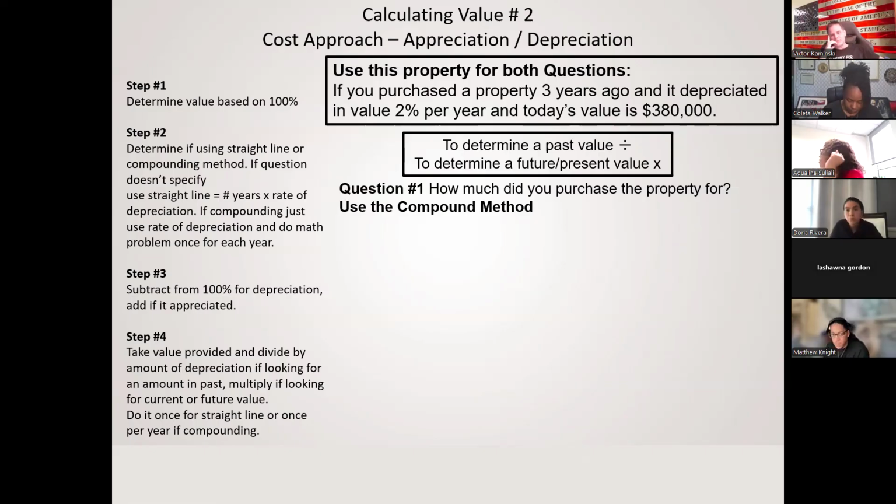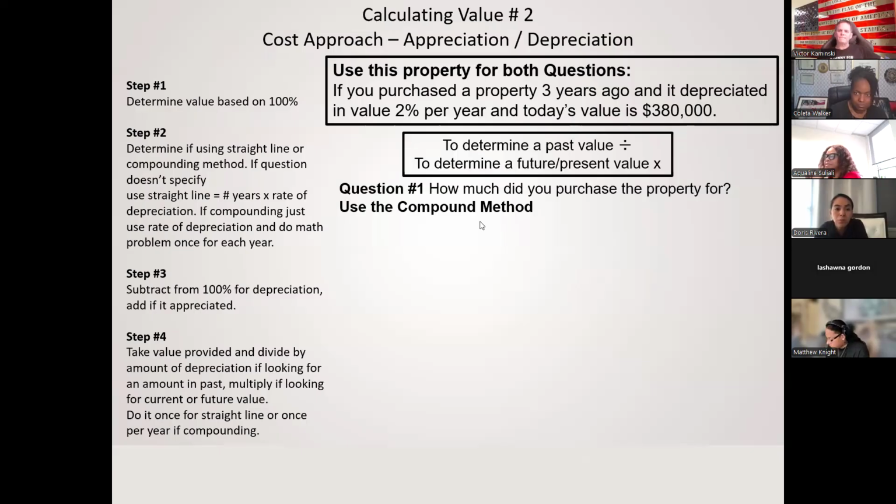So what's the step? What do we do? Hey, Lynn. Mr. Johnson today. So when trying to figure out the values, what do we have to do here? What's the first step? You write down 100%, right? And using the compound method, what do we do? 100% minus, because it depreciated, so that's a minus.